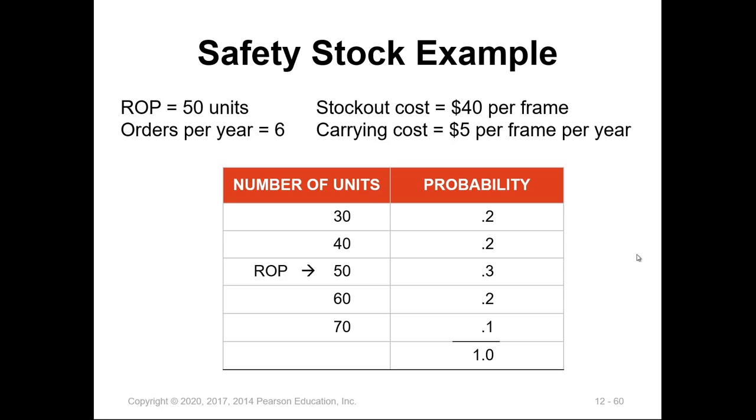If the optimum number of orders per year is 6, how much safety stock should the optical company keep on hand? You can see that the probability of 30 units sold is 20%, 40 is 20%, 50 is 30%, 60 is 20%, and 70 is 10%, and that's a total of 100%.